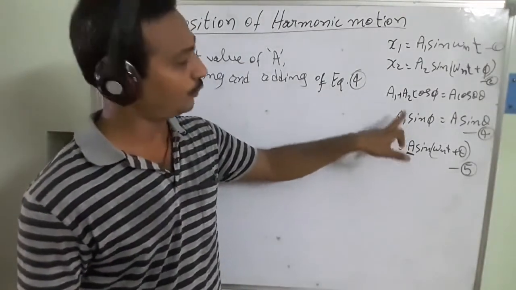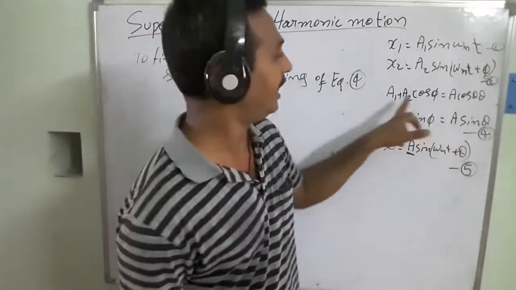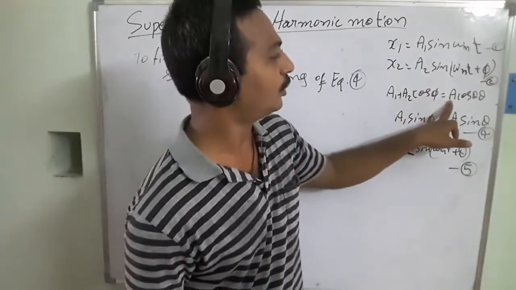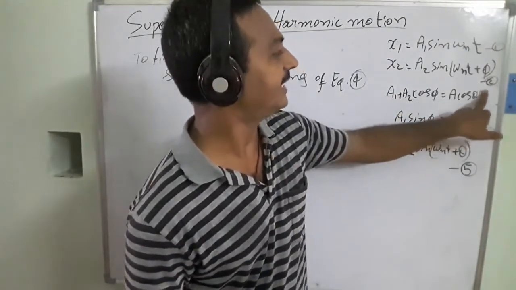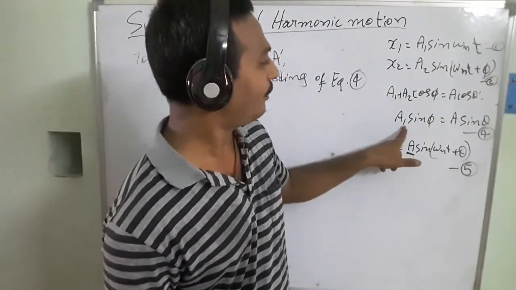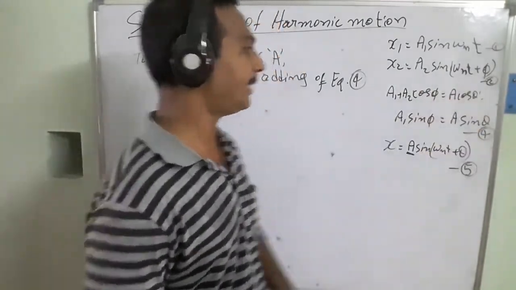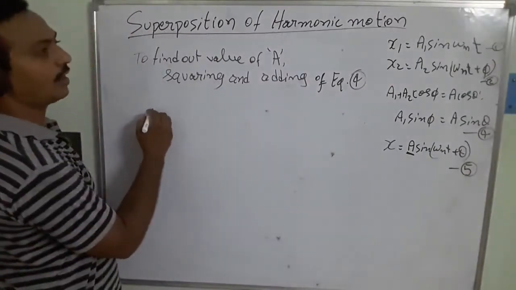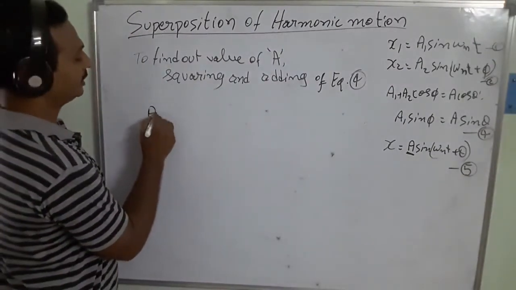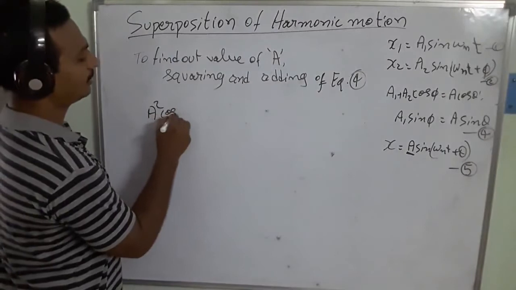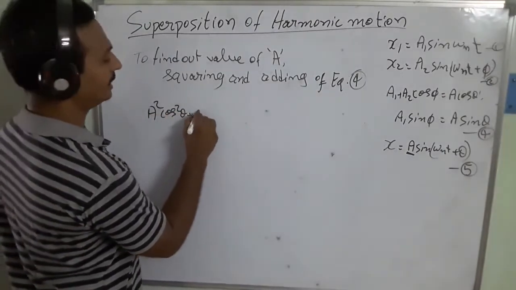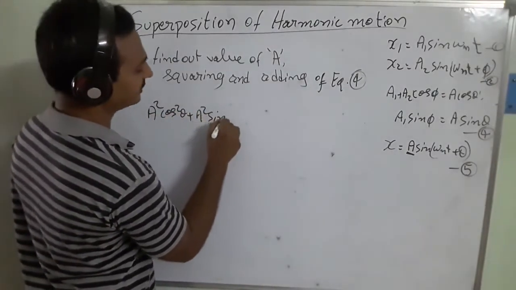In equation 4 we have two equations: A1 plus A2 cos π is equal to A cos θ, and A2 sin π is equal to A sin θ. So if I square and add them, we get A squared cos squared θ plus A squared sin squared θ.